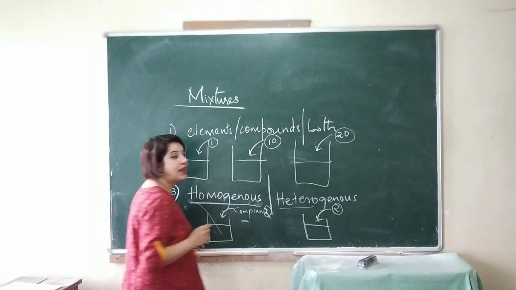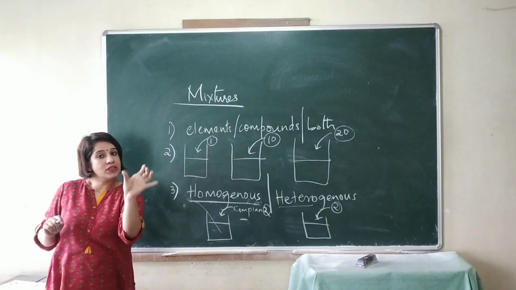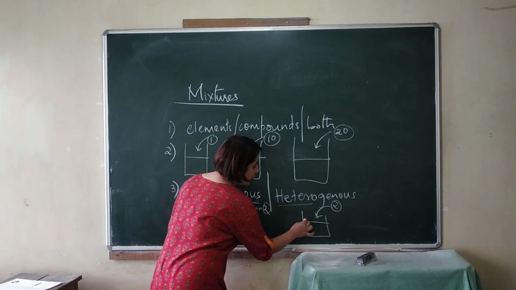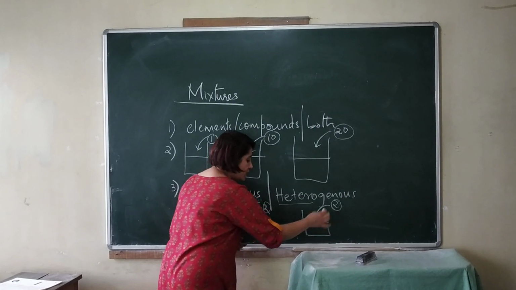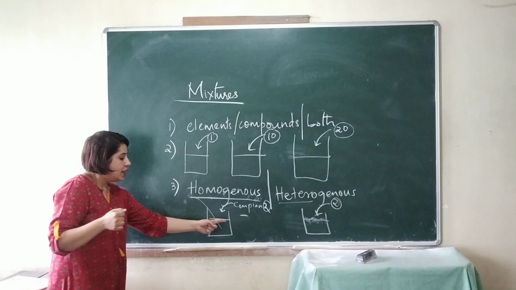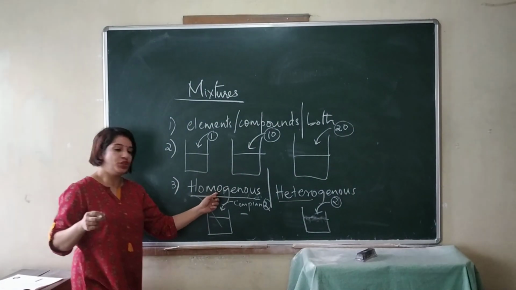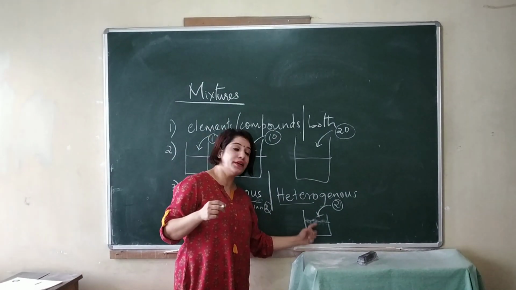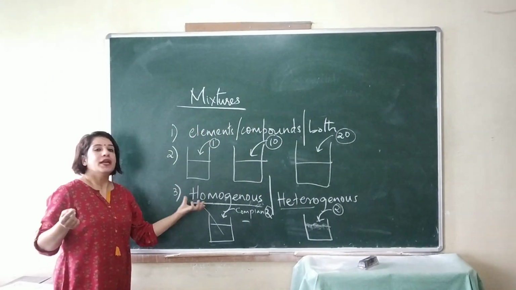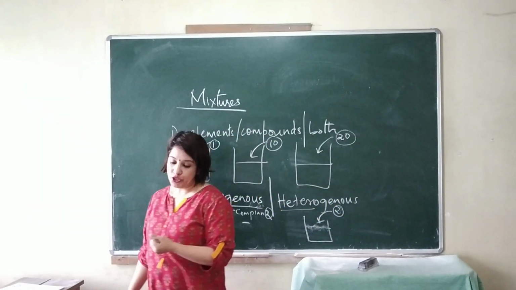Here you just leave it like this. So when you drink this glass of milk, you will get the taste of Complan throughout. Here you will get it only in the upper half where the Complan is floating, and in the lower half you will just get the taste of milk. So here the mixture was the same throughout. That means it was homogeneous. Here it is different. That means it is heterogeneous. So a mixture can be homogeneous or it may be heterogeneous.